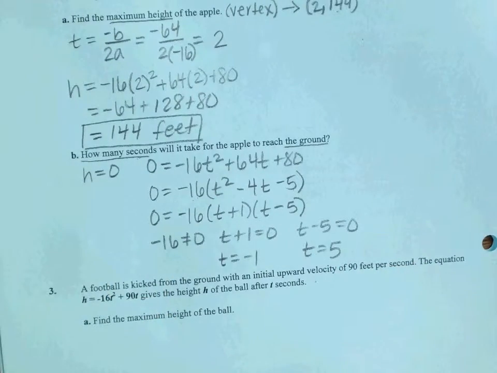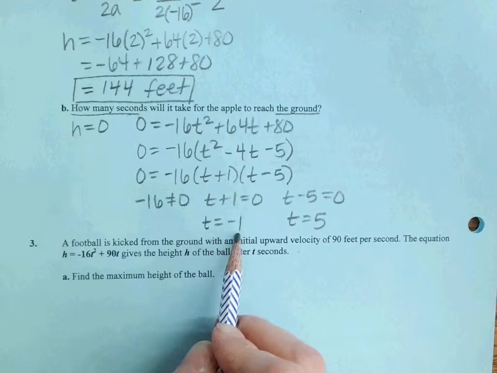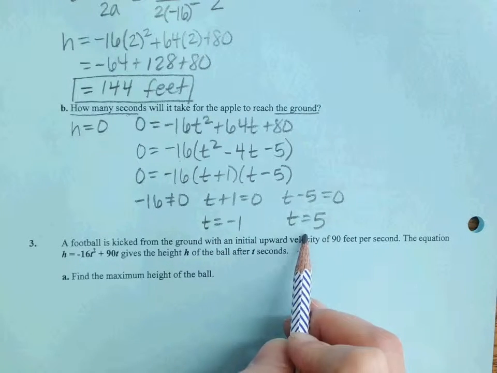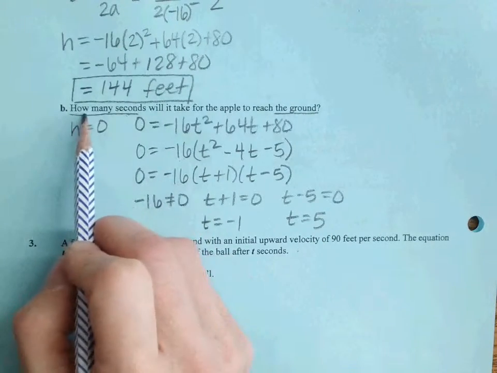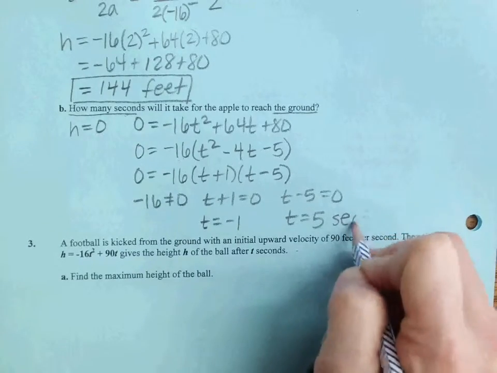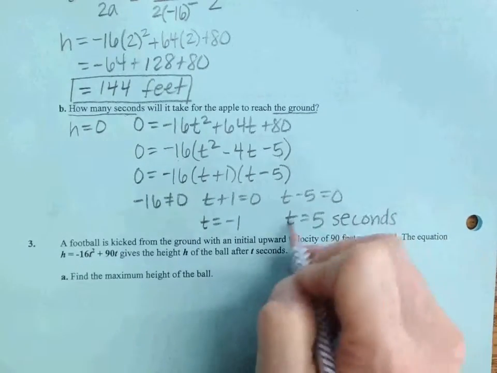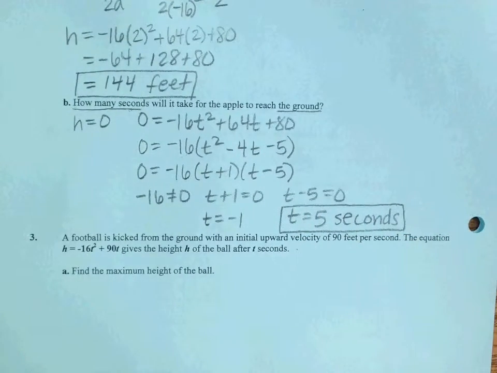And so when I solve for t, what I have is t equals negative 1. Well, time can't be negative, so my answer that I'm going to go with is t equals 5. And so the question is how many seconds? It's going to be 5 seconds. Okay, so that's it for this one, and then we'll practice the rest next time I see you in class.